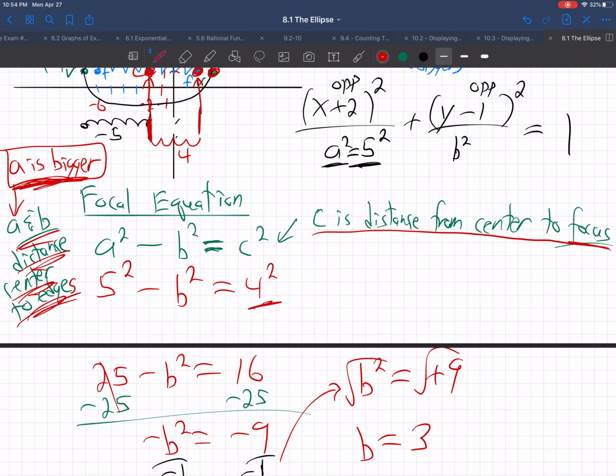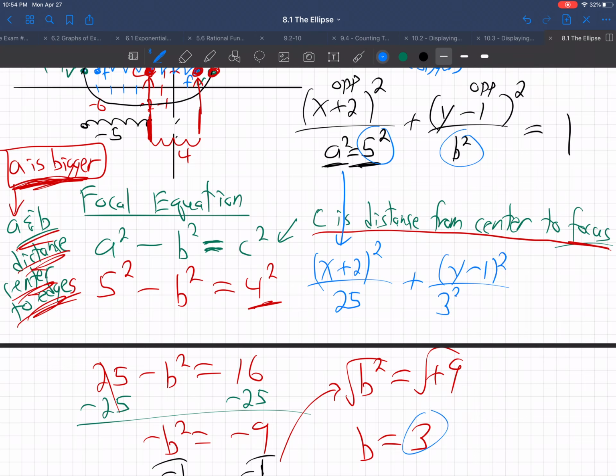So we finished our work for our equation. We'll bring the equation down to here. So coming on down, this will be x plus 2 squared over 5 squared, 25, plus y minus 1 squared over b squared. B is 3, so this is 3 squared. We'll just make it 9, equals 1.